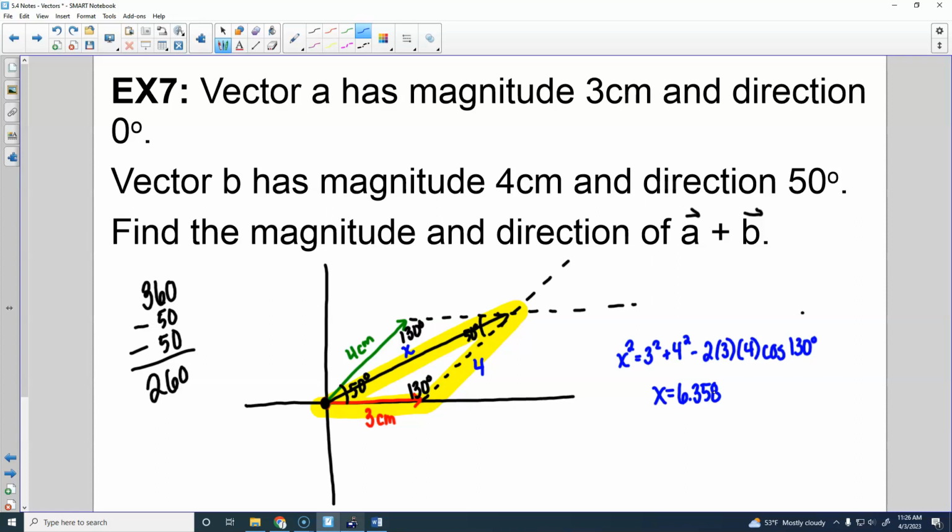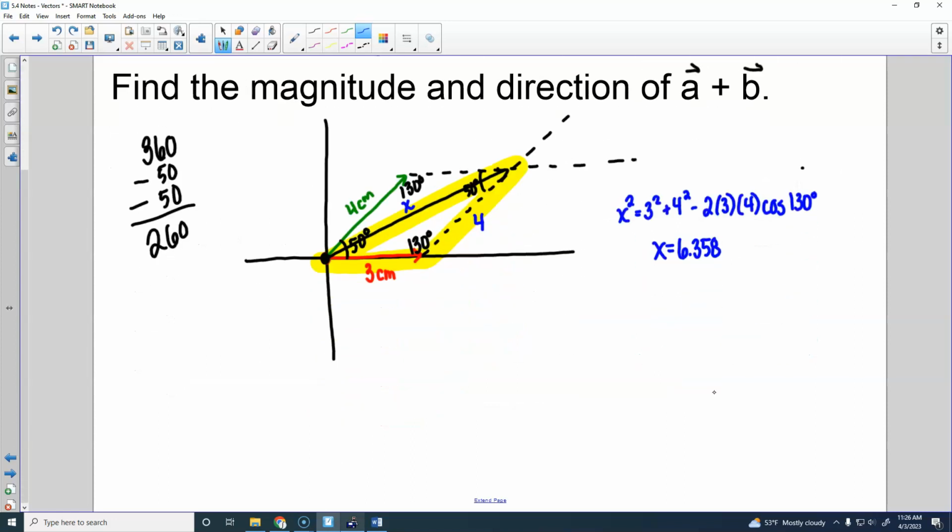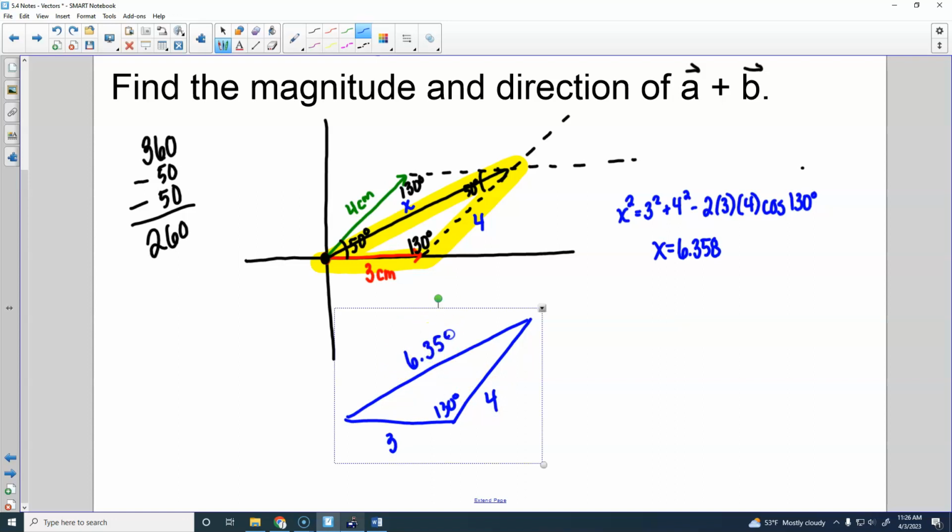Okay. All right, so that is the length of this side. Now let's think about what we've got. Sometimes I like to pull this off of the bigger picture because it gets a little complicated. This was 130. This was 3. This was 4. We just found this side right here is 6.358. We want the direction. The direction needs to be this angle right here.